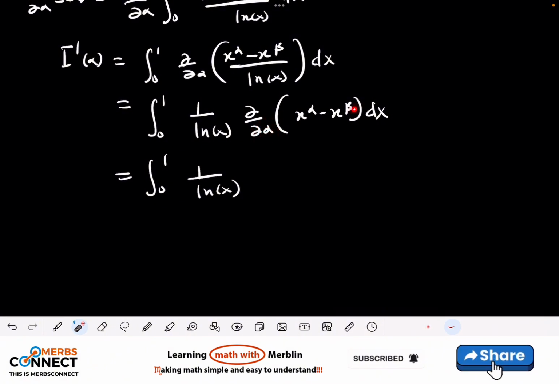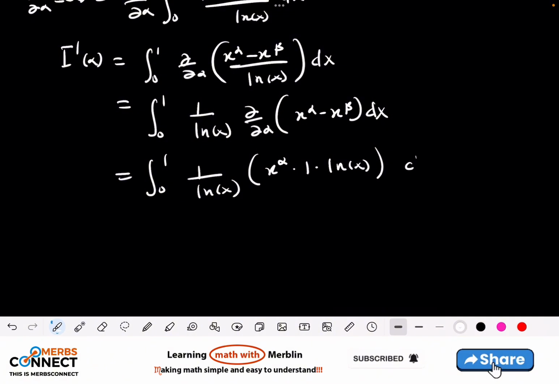Since we don't have alpha in the second term, this one will go to 0. When we differentiate this, the base is constant because we are differentiating with respect to alpha. So this is going to give us x to the power alpha times 1 times ln of the base.